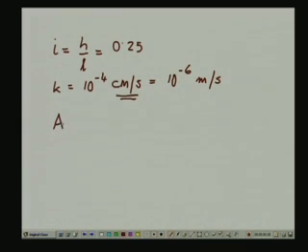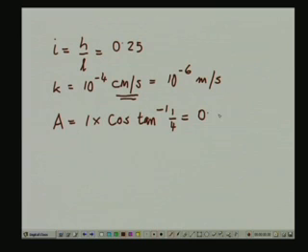We also know that the cross sectional area of flow in this case is equal to 1 multiplied by cosine of tan inverse of 1/4, and that is approximately 0.970 meter square per meter length of the highway.